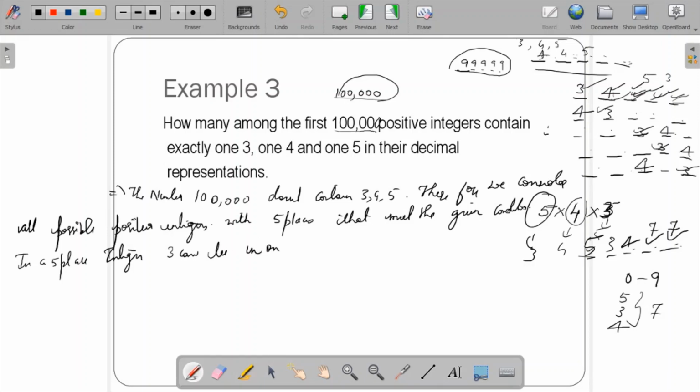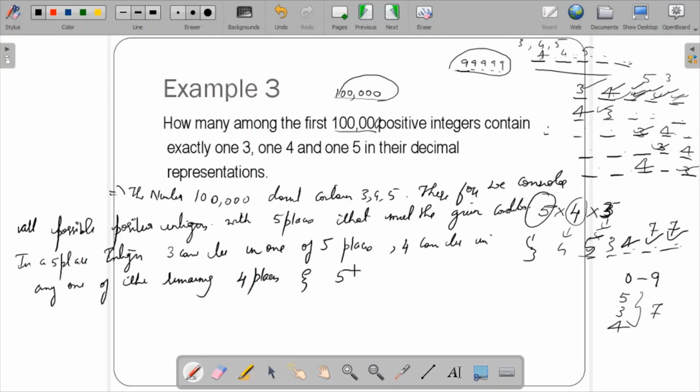Simultaneously, what about 4? 4 can be in any one of the remaining 4 places, and 5 can be in one of the remaining 3 places.